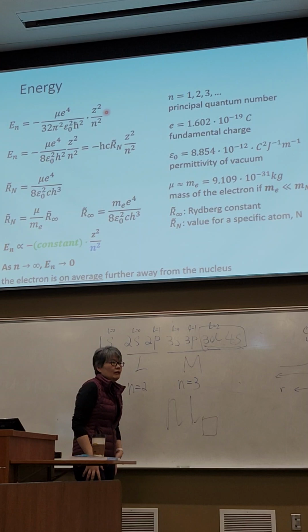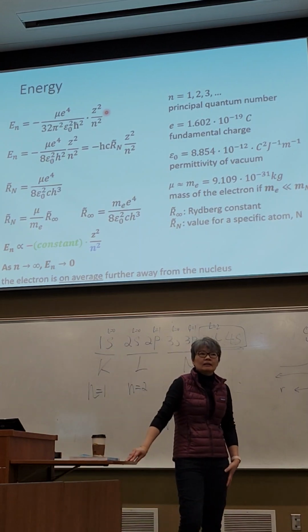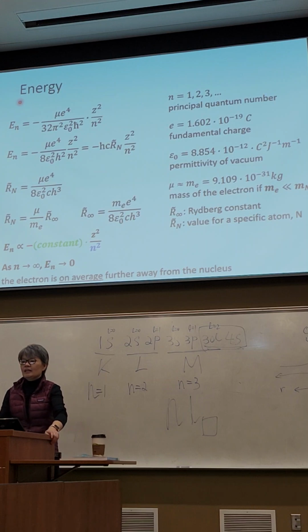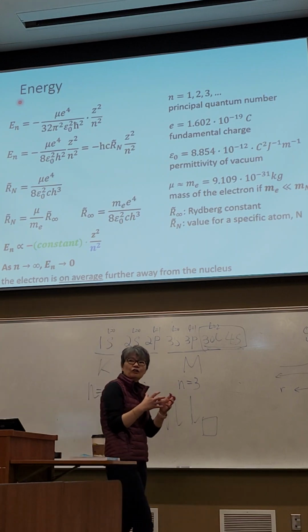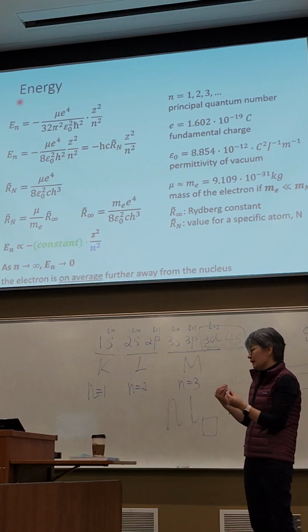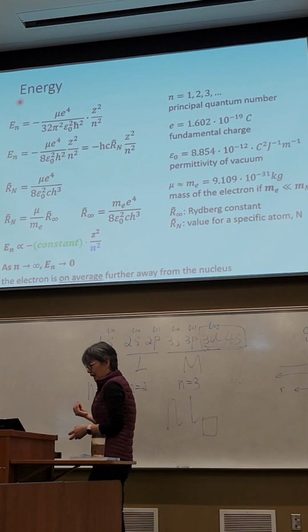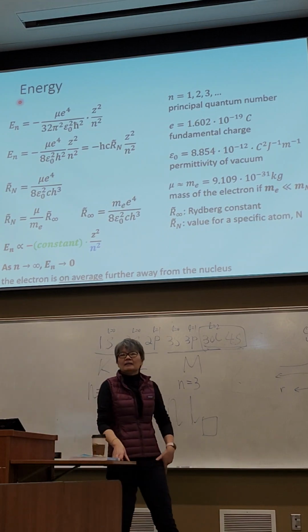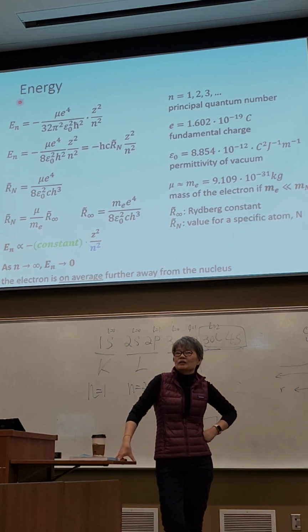If we take a look at this, the energy carries a negative sign. That energy refers to the electron in a hydrogen one-electron system, either hydrogen atom or one-electron ion. So why is it a negative sign? Does that make sense to you guys?